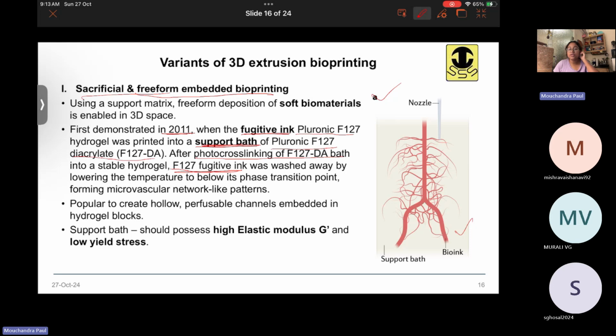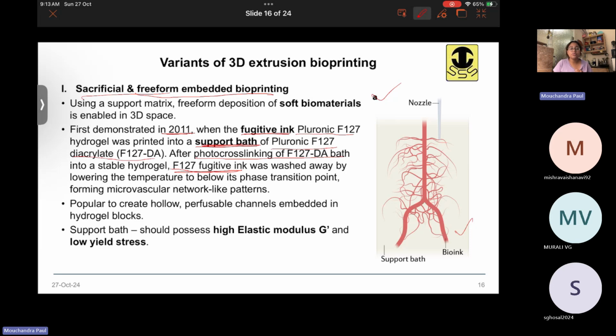Okay, you can use various versions of this technique, like you can embed cells in the support bath. So after the fugitive ink is removed, the cells in the support bath will be in contact with a network of channels, right? And then you can perfuse media through the channels, and you can mimic the blood vessel circulatory system in vitro.